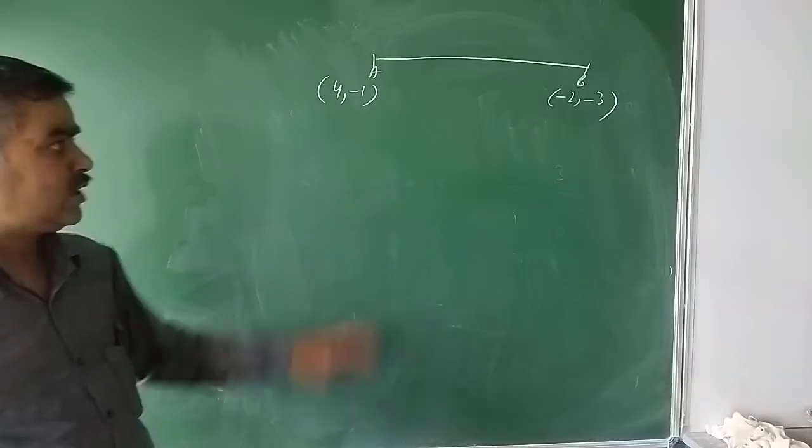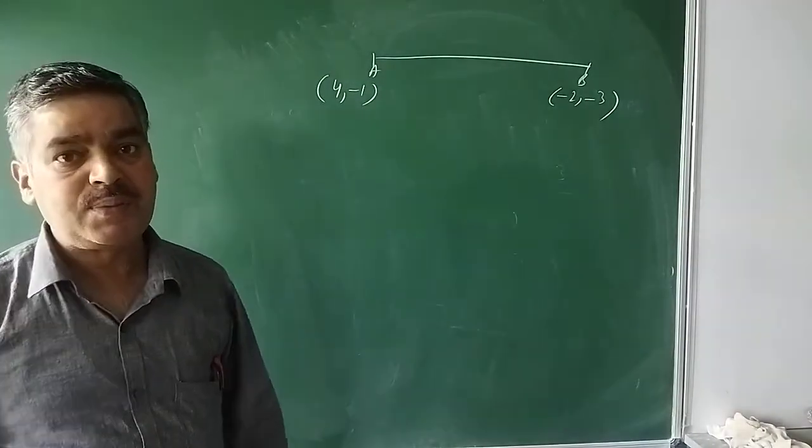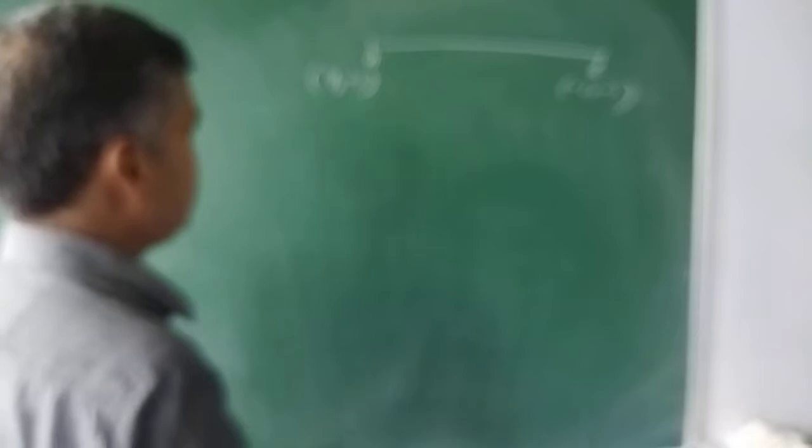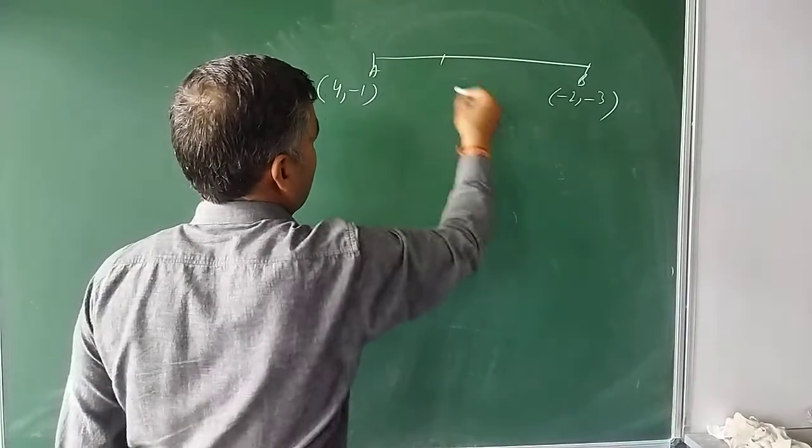Now we need to trisect this join of AB, and I hope all of you are clear with that. To trisect, how many points will I have to mark here?